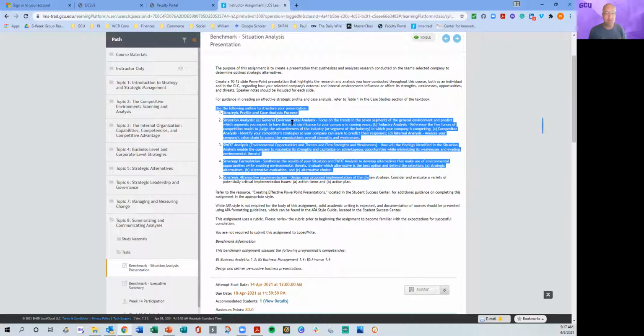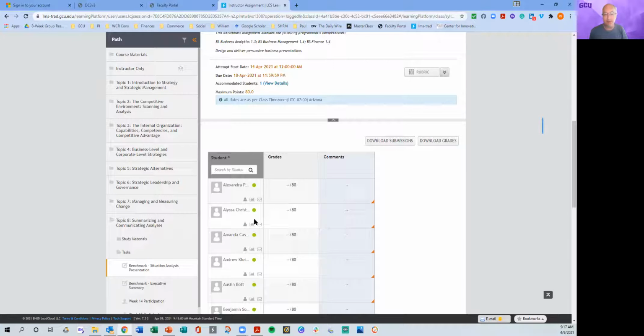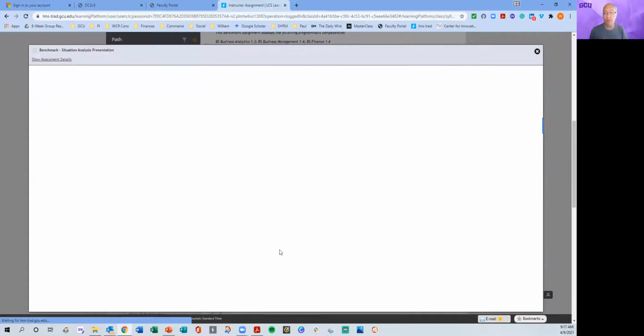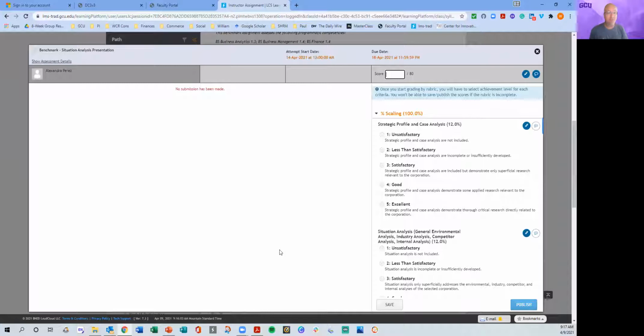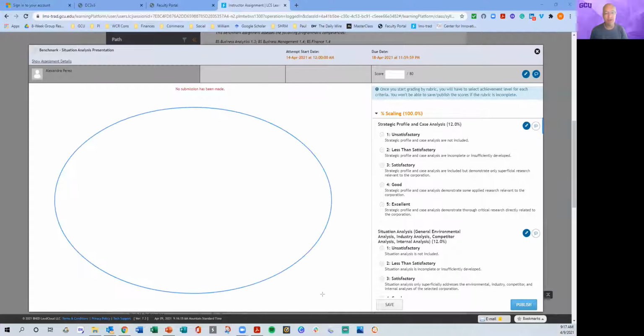But follow the rubric. Follow the rubric, because when I pull it up to grade your papers, let me just show you. When I pull it up here, your paper will show up in this section right here.